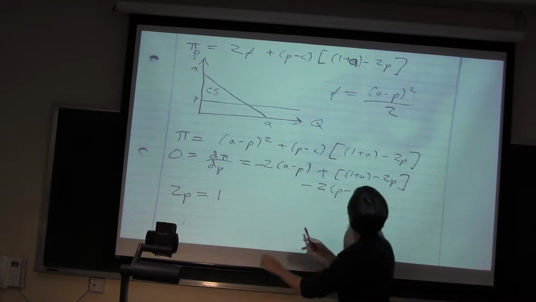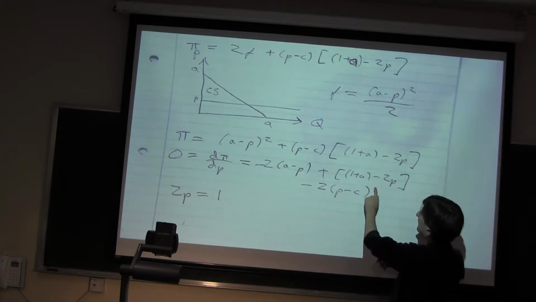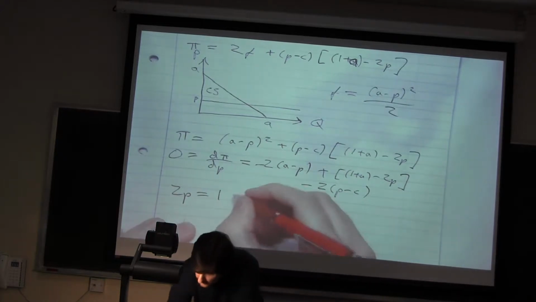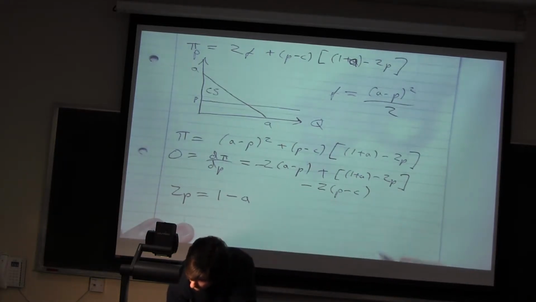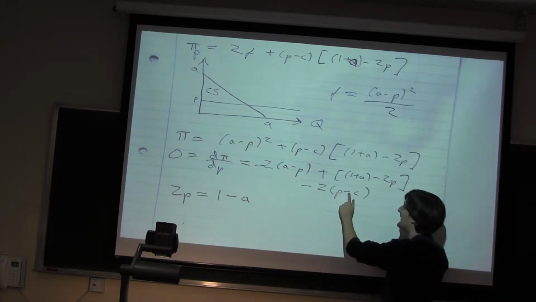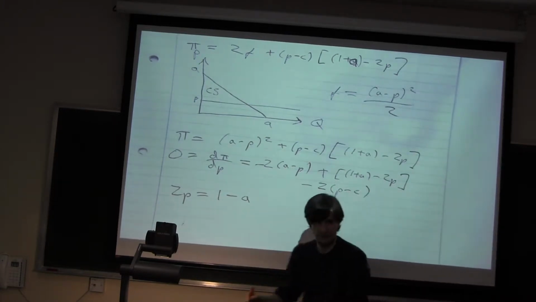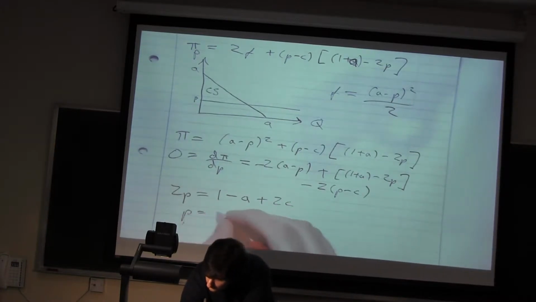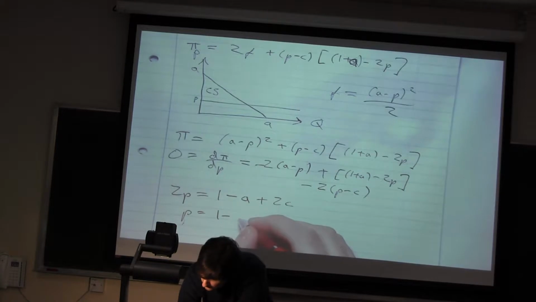We've got a plus A there, minus 2A, so minus A, and then there must be a C as well. Minus minus makes a plus, so plus 2C. So P is equal to, what's the right answer? (1 minus A) divided by 2, plus C.